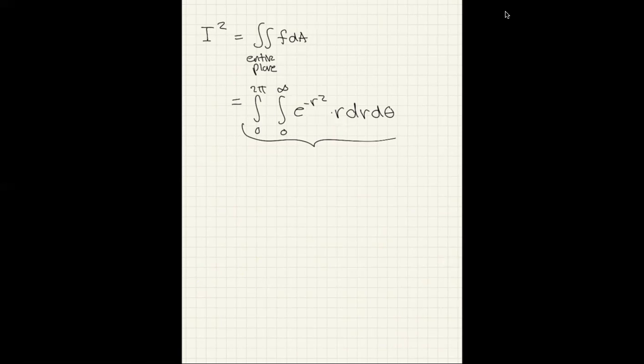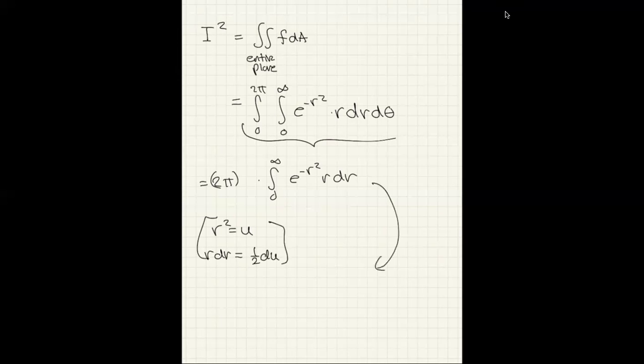Okay, so I'm going to take care of that theta integral first. I just don't like writing it around so much. So we've got this 2 pi that comes from the theta integral. I'm just going to write the integral from 0 to infinity of e to the negative r squared r dr. So sure, let's set r squared equals u, and this will give us r dr is 1/2 du.